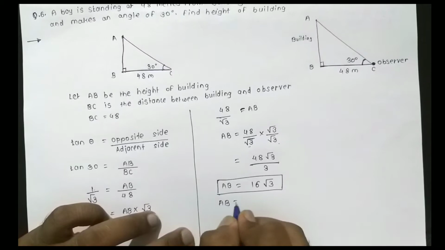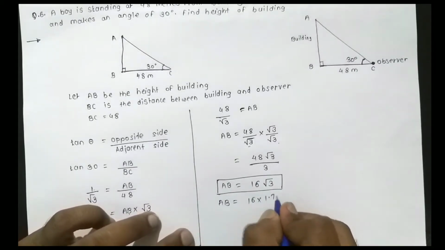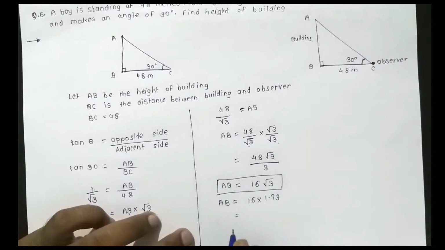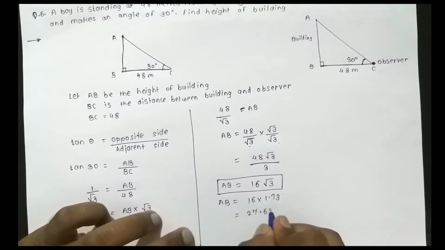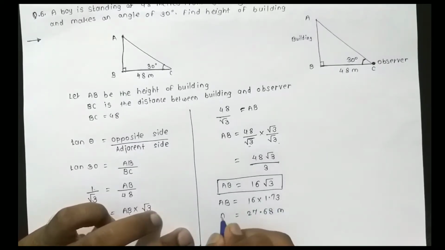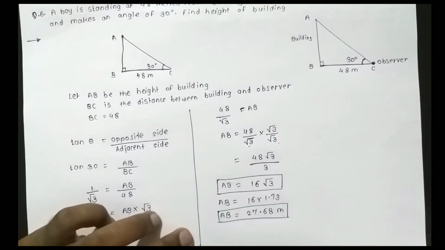Now we know the value of root 3 is 1.73. By multiplying, we get the answer 27.68 meter. AB is equal to 27.68.